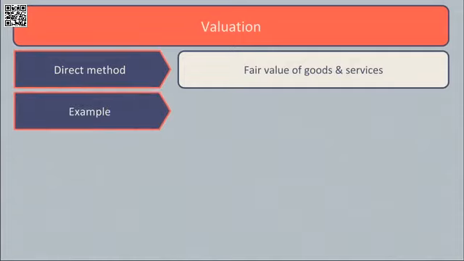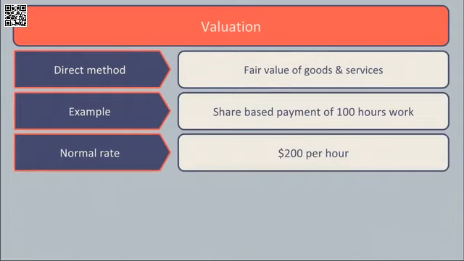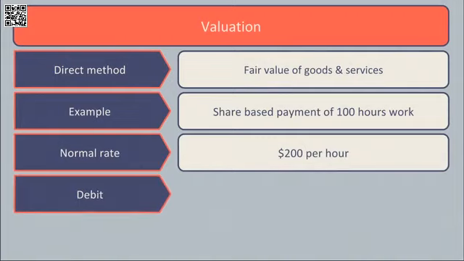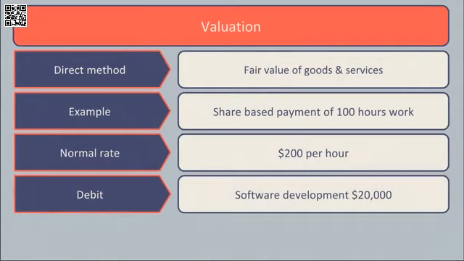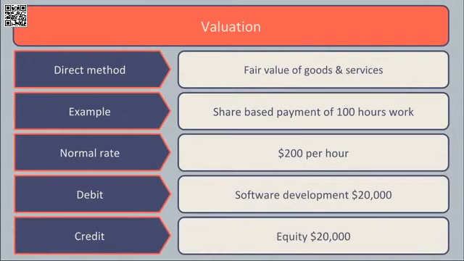So, for example, a software developer accepts a share-based payment for 100 hours work. His normal rate is $200 an hour, so the fair value of his service is $20,000. This is the fair value. Debit software development, $20,000. Credit, equity, $20,000.